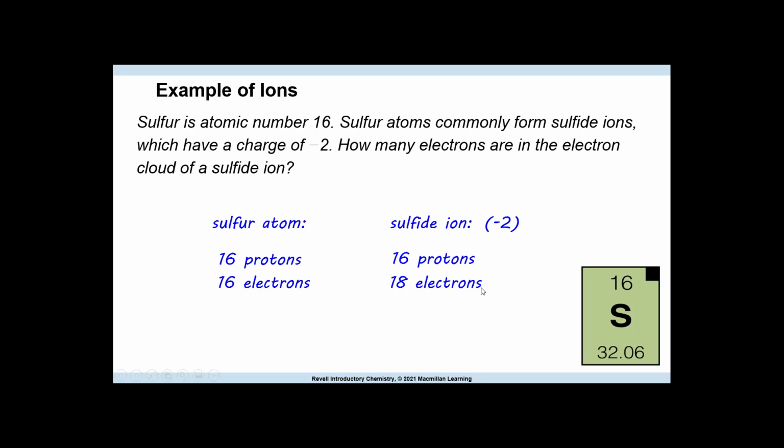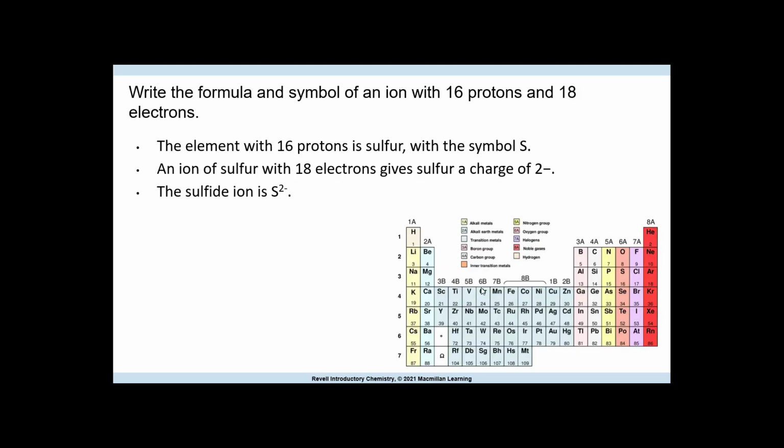But this is a perfect example. Sorry, I was coughing. I had to pause. This is a perfect example of a chemistry question that is a little difficult to read, but if you have the skills and the patience to learn what it's actually asking, this problem is not a difficult problem.